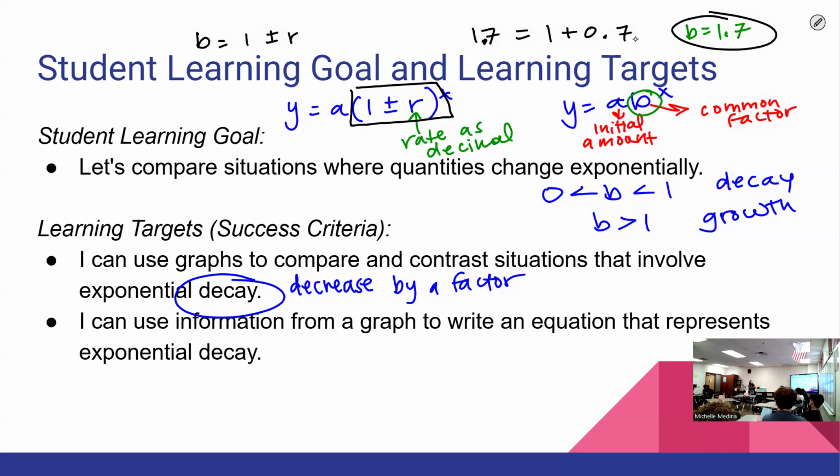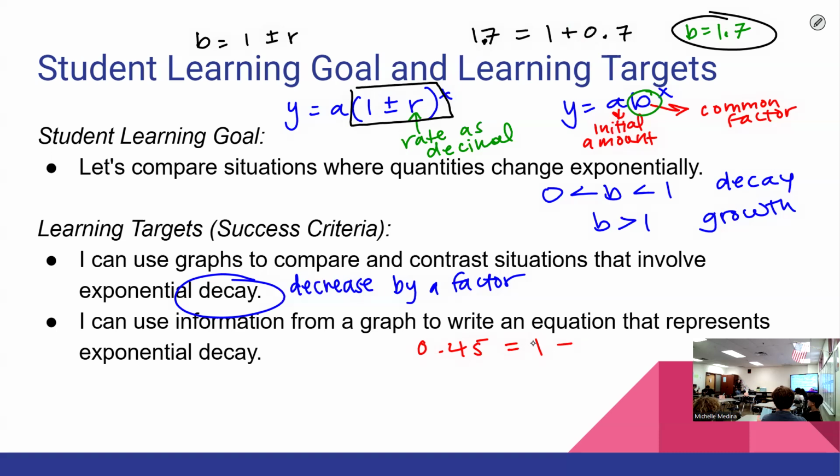Let me give you another one. Say that B ends up being 0.45. Since it's smaller than 1, would it have been 1 plus or 1 minus? Think about it. If my B ends up being 0.45, would it be 1 plus or 1 minus? Good.